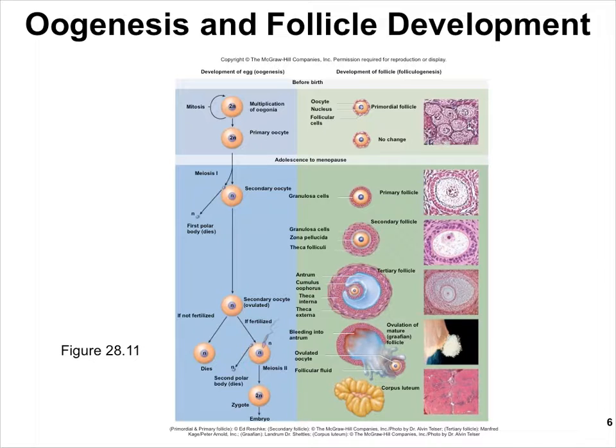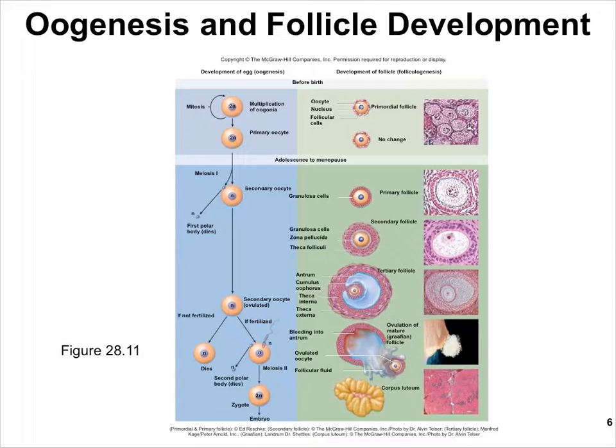With males, you basically just had to look at the development of the sperm. With females, you have the development of the egg cells, or the oocytes, as well as the development of the support cells around them, called the follicle. And both of these are important, and there are different events happening in both.